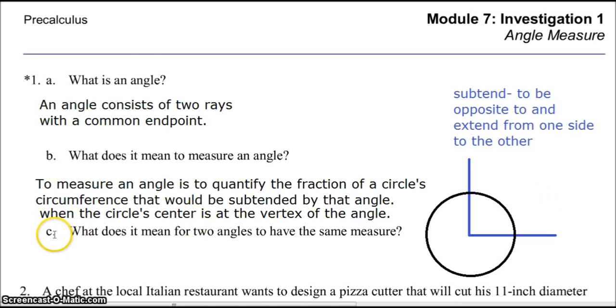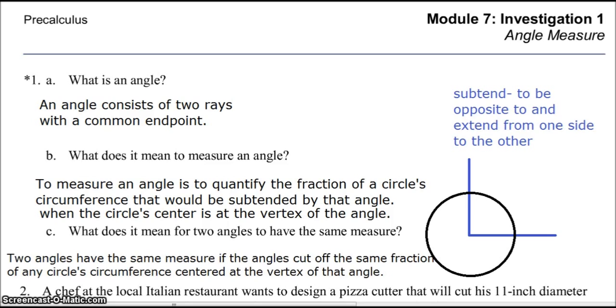So what does it mean for two angles to have the same measure? Two angles have the same measure if the angles cut off the same fraction of any circle circumference centered at the vertex of that angle.